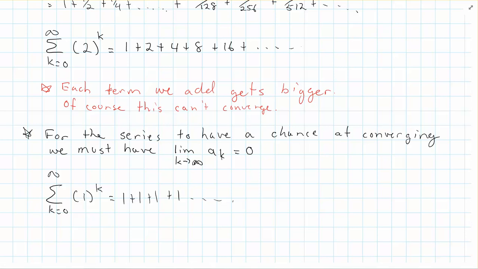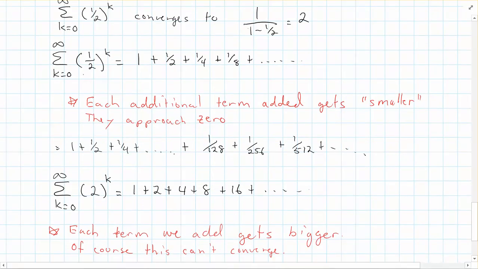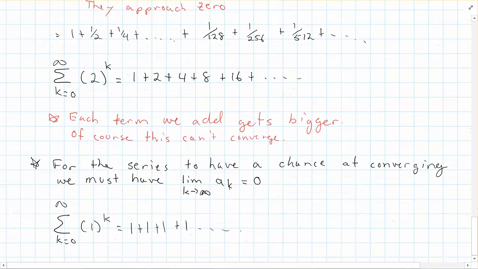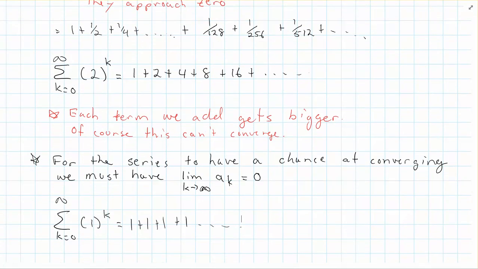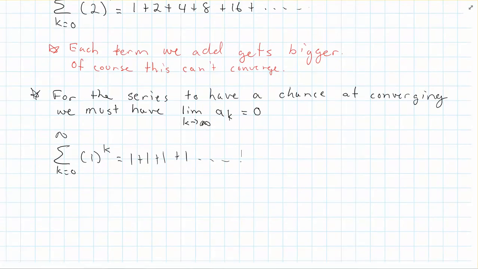So in order for us to even have a chance for a series to converge, we must have that these terms that we are adding get closer and closer to 0, which we did have in this case here where my ratio was 1/2. We didn't have it where the ratio was 2, and clearly we don't have that as well where the ratio is 1. So what would be nice for us would be if that was the end of the story. Was just saying, oh, if that limit as k goes to infinity goes to 0, we're done.